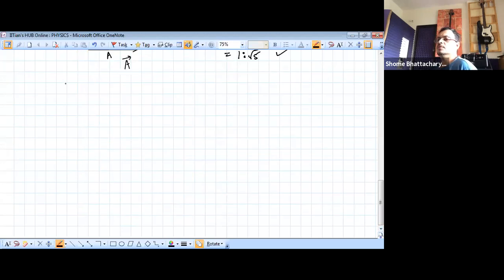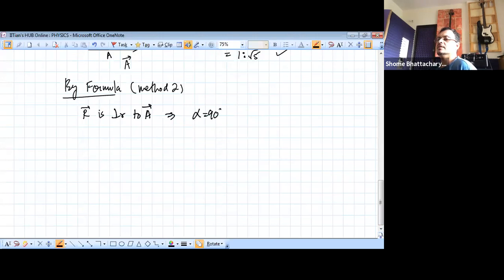You can also do this by formula. यहाँ पे क्या हो रहा है? The resultant is perpendicular to E. So that means that angle alpha is equal to 90 degrees.